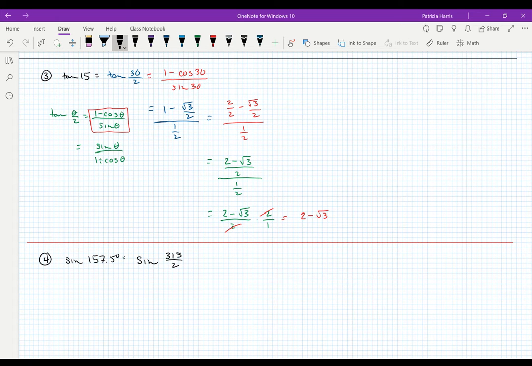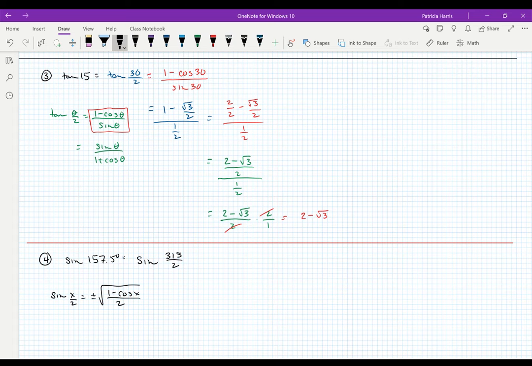Okay, so I notice that sine of x divided by 2 is plus or minus the square root of 1 minus cosine x all over 2. Okay, so first you have to decide what sign you are.